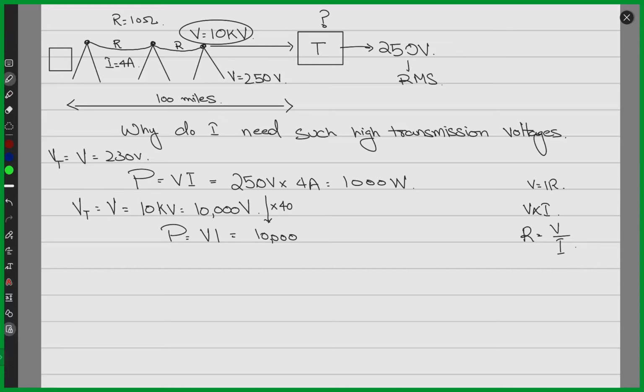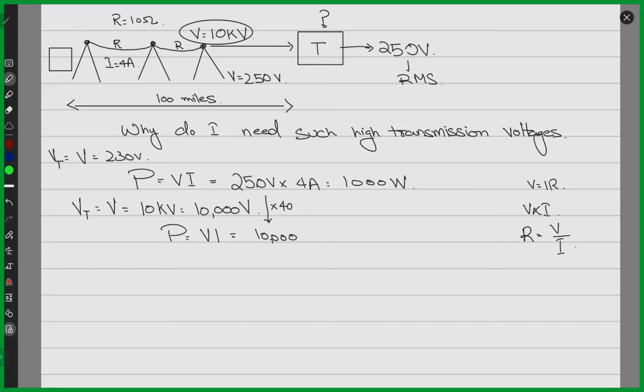So if I'm scaling the potential up, the current scales downwards. How much will it scale down? Because they're directly proportional to each other, it will scale down by exactly the same amount by which I scaled up the potential. Does that make sense?